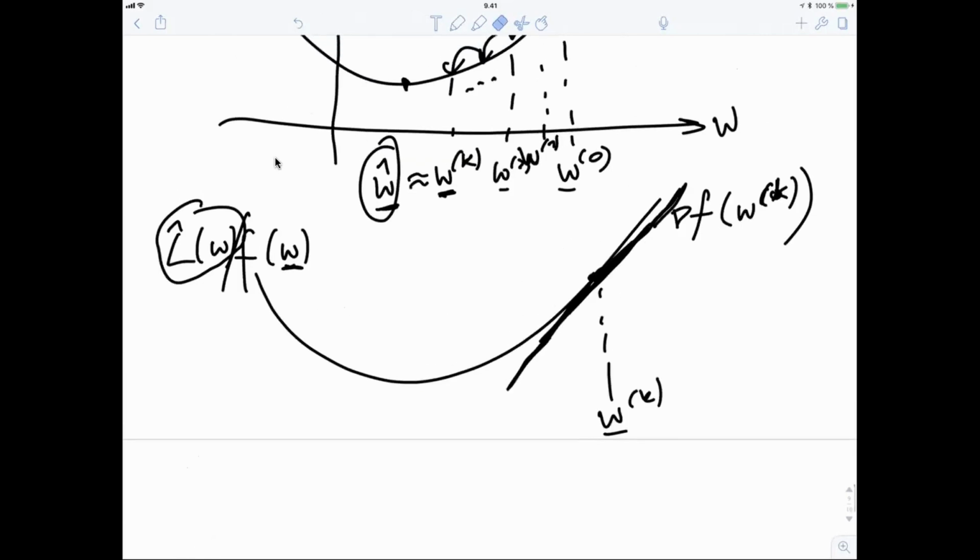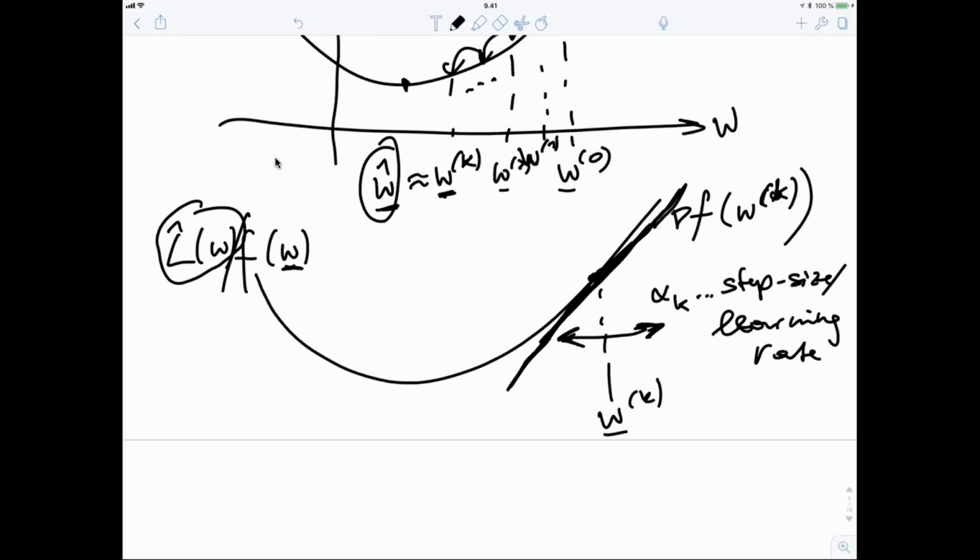This might also be called a trust region. So we only minimize this local linear approximation in a neighborhood. This neighborhood is defined by a parameter called the step size, alpha k, which might be different. So this local region over which we minimize the linear approximation might be different for different iterations. This is called the step size or a learning rate.